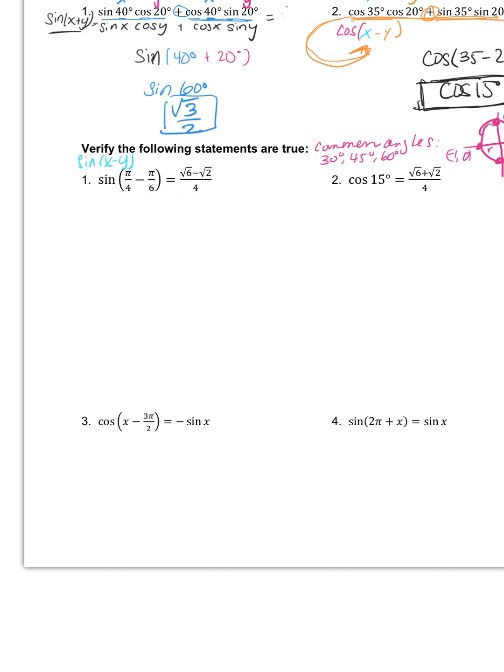Okay, so we're just going to write this as sine x cosine y, this is a different color so we can see it, minus, because this is a minus, cosine x sine y.